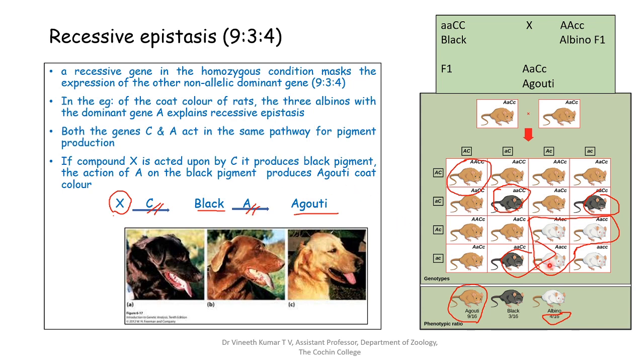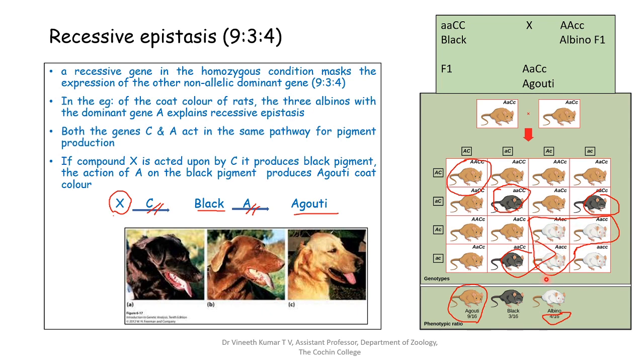But what is the case with these three individuals which are having a dominant gene, which is A? They have the dominant gene A, and this particular A enzyme is present in them, but the substrate for the A enzyme is the black pigment. The black pigment is not being produced in these three individuals.